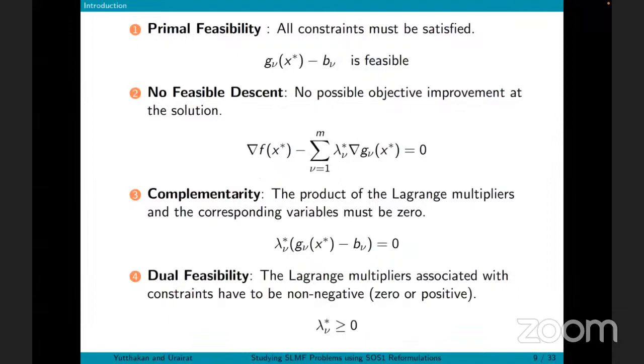And the last two conditions, conditions 3 and 4, are only required with inequality constraints and force a positive Lagrange multiplier when the constraint is active, and a zero Lagrange multiplier when the constraint is inactive.